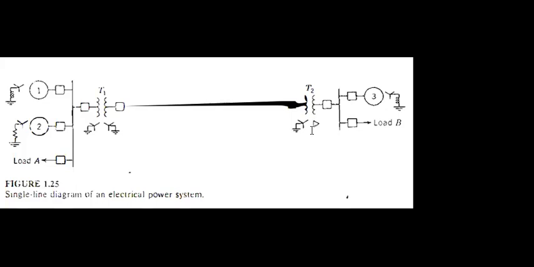Based on the Y and delta configuration, you have different phasor angles or vector groups. This is the protection for isolating, and this is the other generator in the right bus, as well as the load on the right bus. So this is the single line diagram, right?